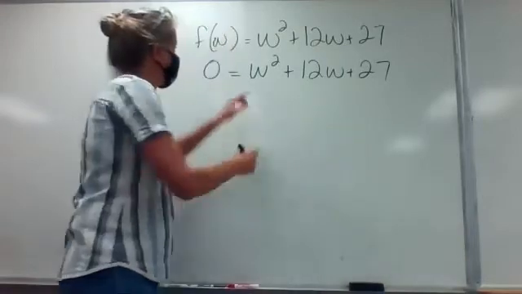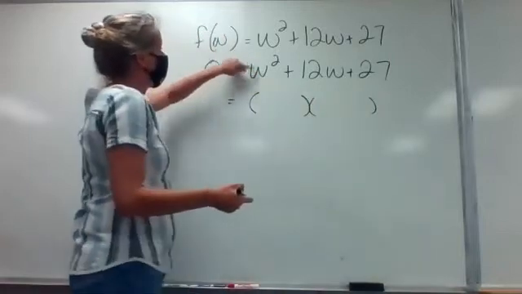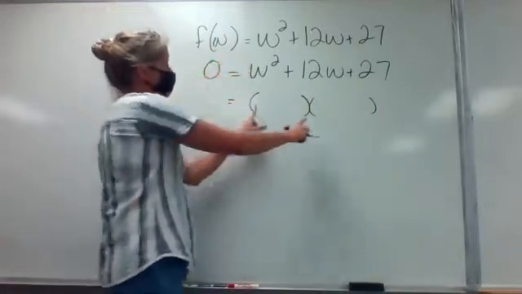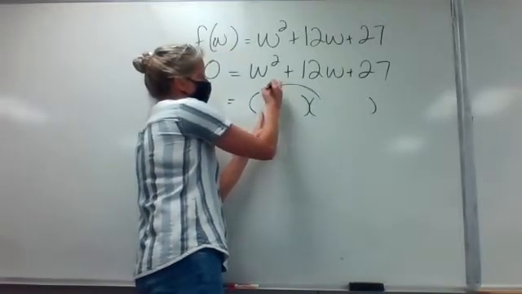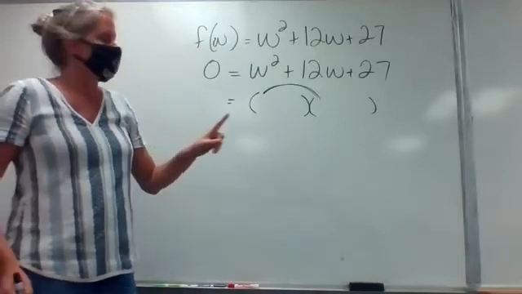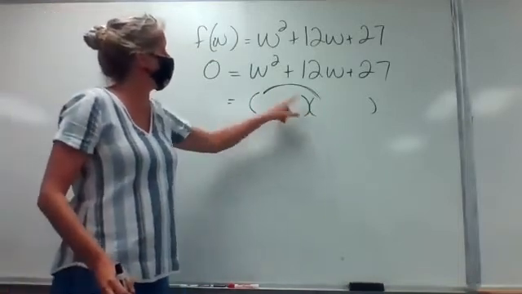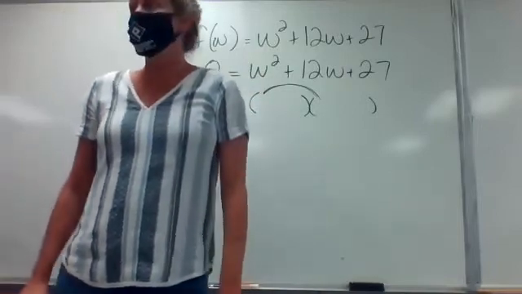Okay, that's why you like this squared term to have a 1 in front of it, because remember, when you're FOILing, your first step is to multiply these 2 things together. Well, if I multiply these 2 things together, I need them to equal w squared. There's only one way to do that.